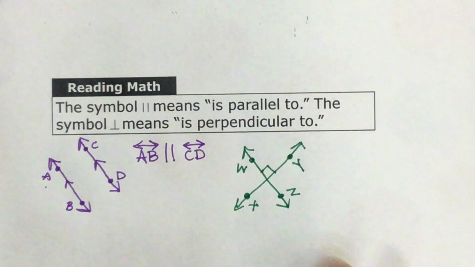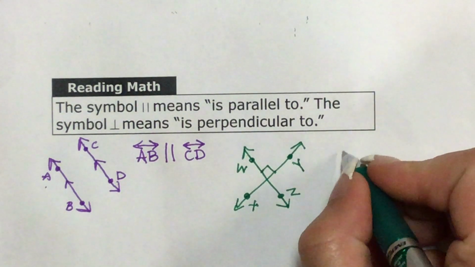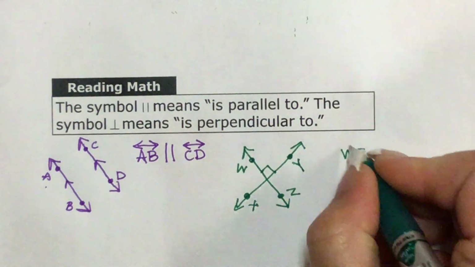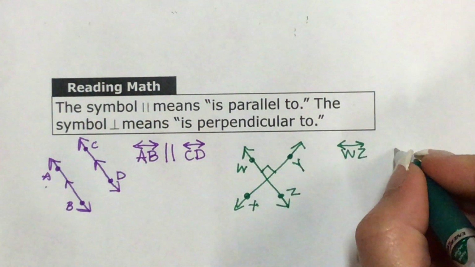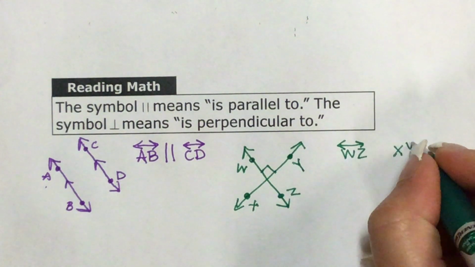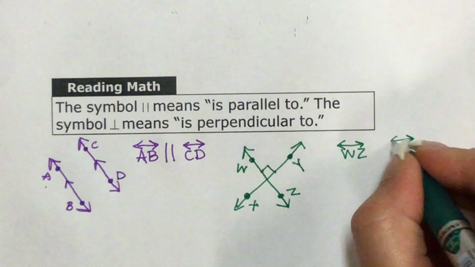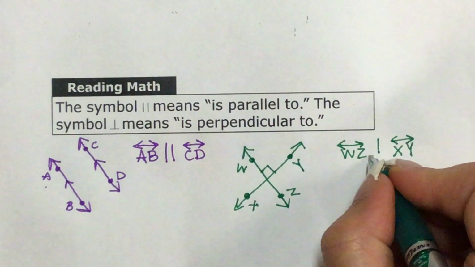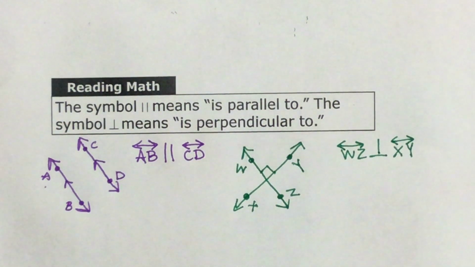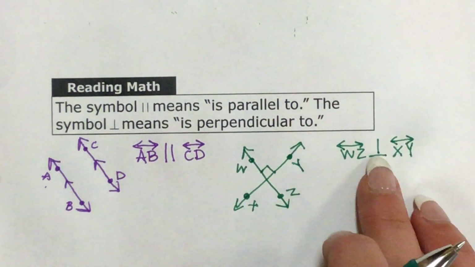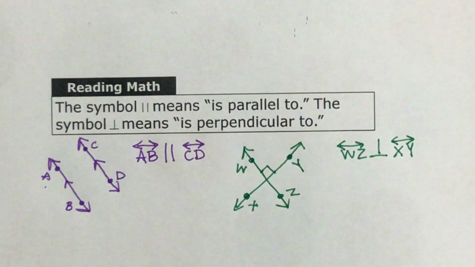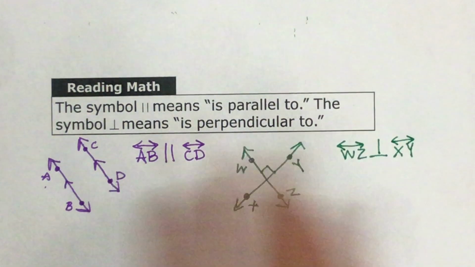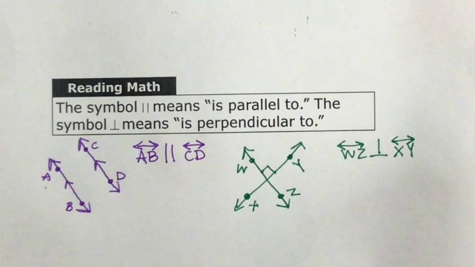Then we could say line WZ and line XY are perpendicular to each other. So that means that line WZ is perpendicular to line XY. All right, just a little bit of terminology for you, little symbols.